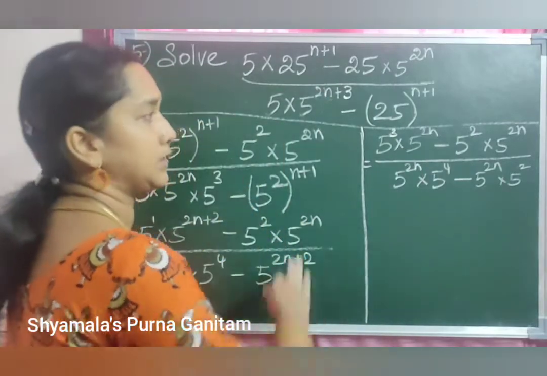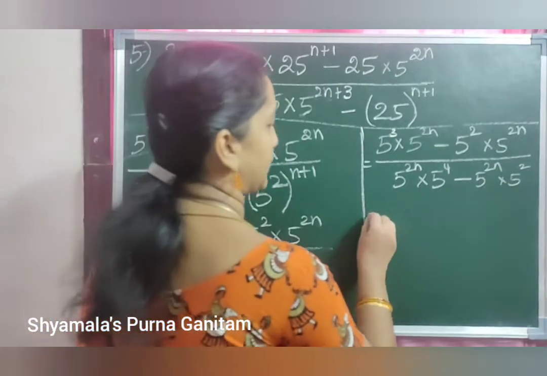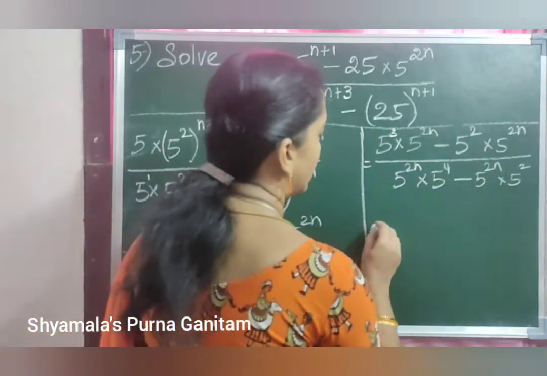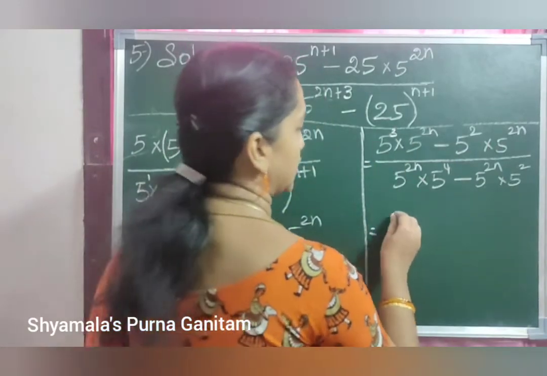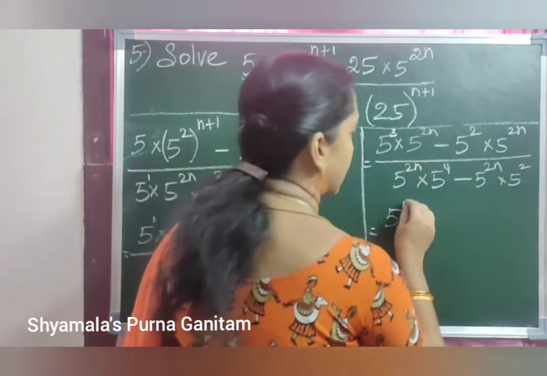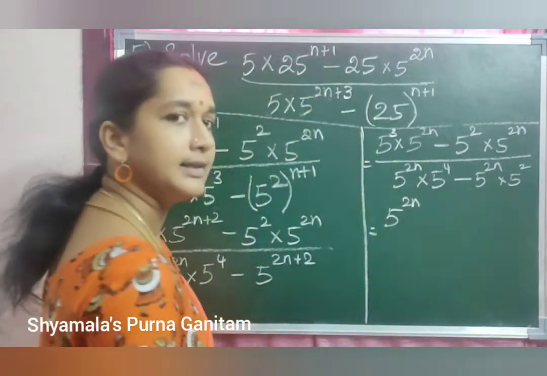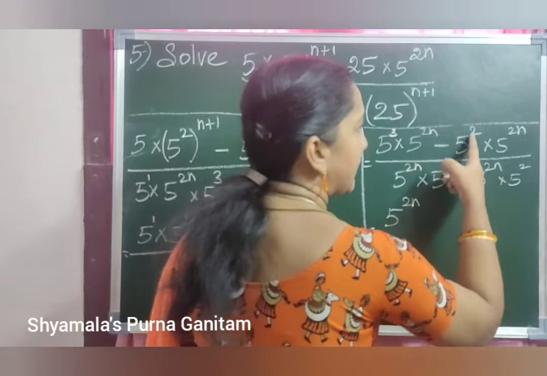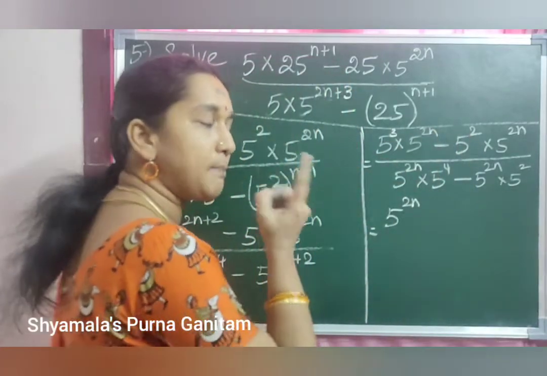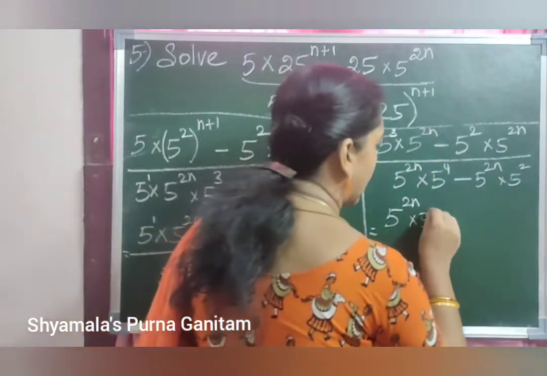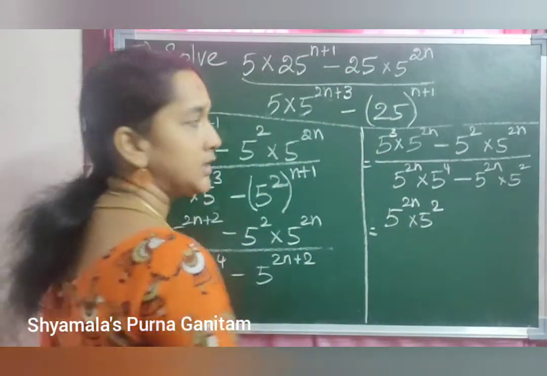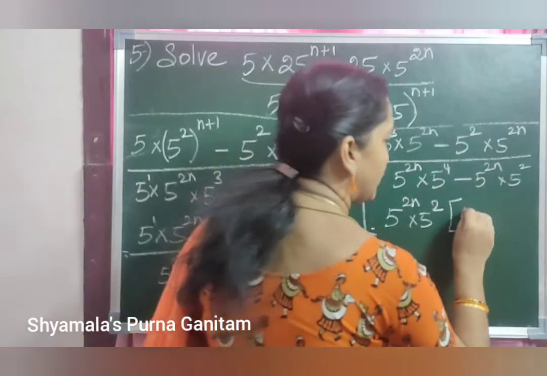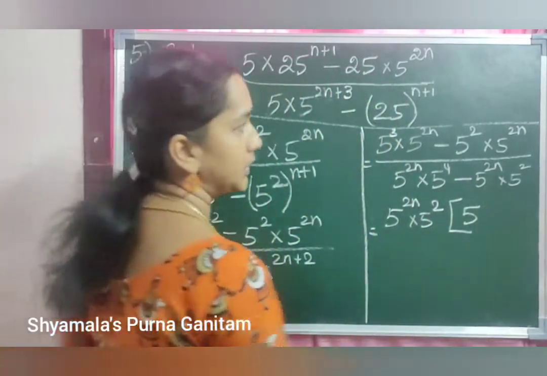Depending upon the sum, the procedure varies from one sum to another, so accordingly we have to decide the steps. 5 power 2n I have common in the numerator, that I am taking out. Then here 5 power 3 is there, 5 power 2 is there, so 5 power 2 also I can take common outside. The remaining will be only one 5, that is 5 power 1.